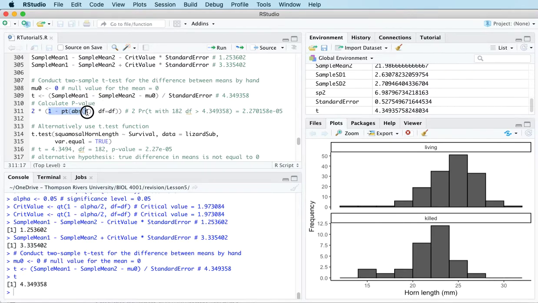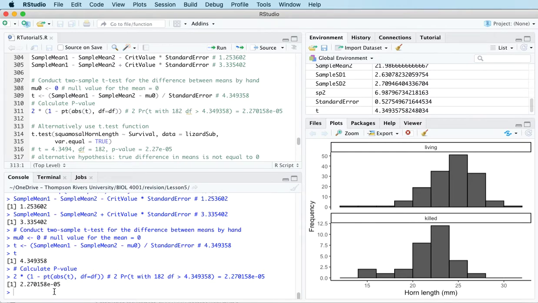So if I subtract that from 1, I'm going to get the tail area to the right, and then multiply that by 2 to get my p-value. So there's my p-value, it comes to 2.27 times 10 to the minus 5. Step 3 was calculating the p-value. So the p-value is 2.27 times 10 to the minus 5.